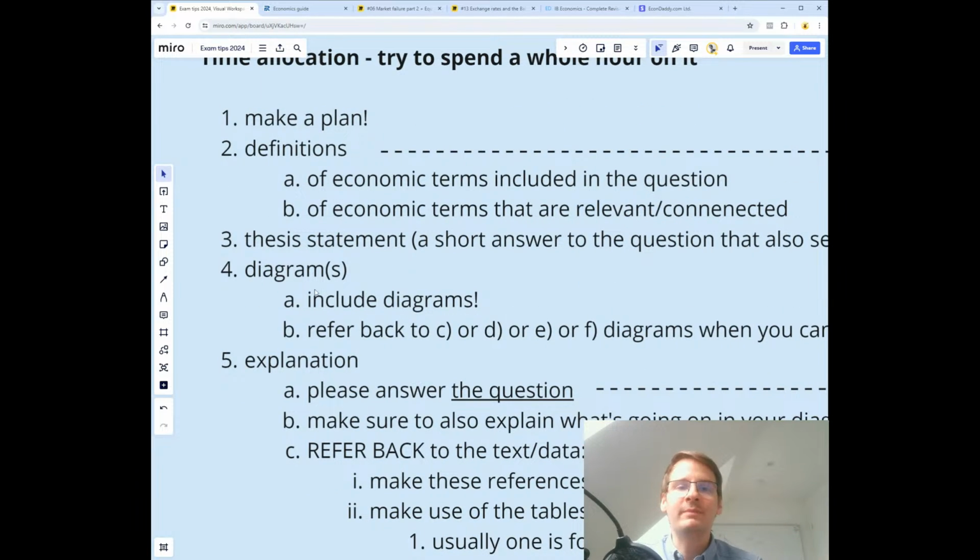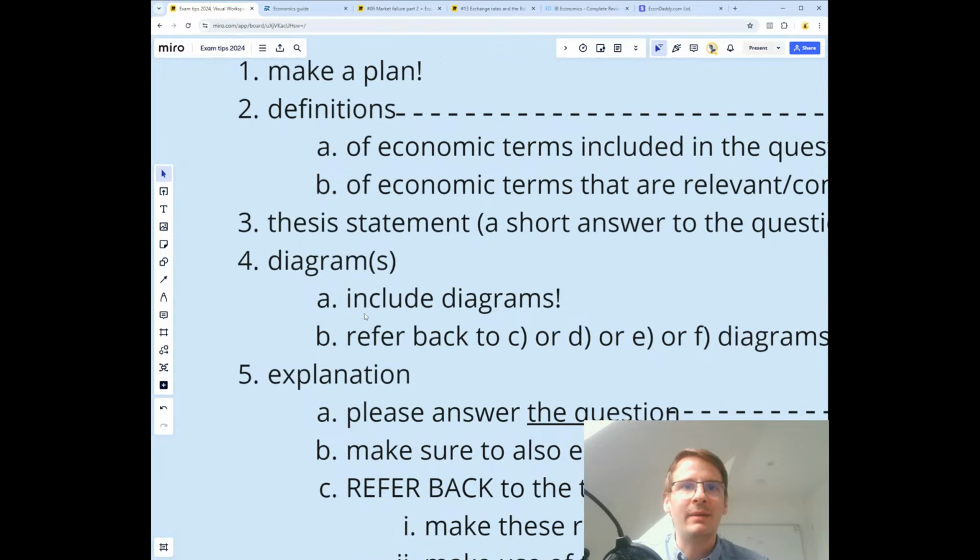So for the diagrams, please include diagrams. I forgot to say it for the paper 1 because I think it's so obvious. Sorry about that. That almost always there is room for a diagram. Okay, there are very few topics in the whole syllabus where you don't have to draw diagrams.